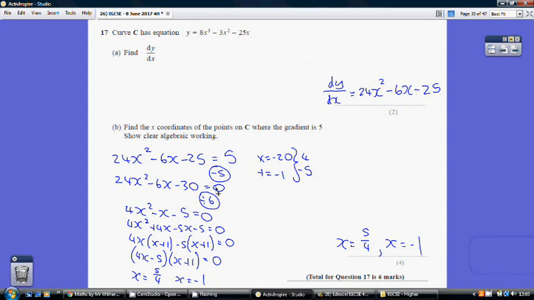So set it equal to 0 by taking away 5 from both sides. I've just tidied it up a bit by spotting that 6 is a common factor, so I've divided through by 6. And then this is a quadratic equation that I need to solve. You could use the formula at this point, that would be absolutely fine, but I've chosen to factorize it, so I'm looking for 2 magic numbers.